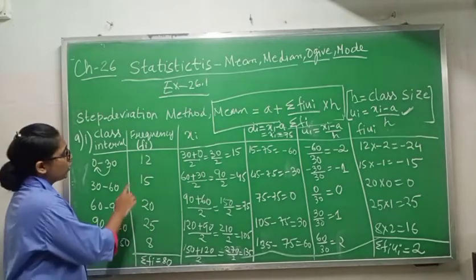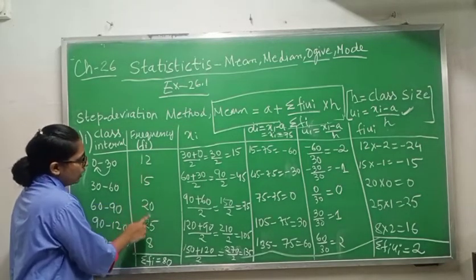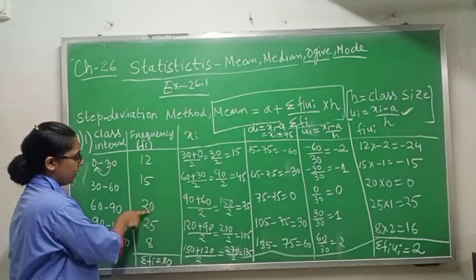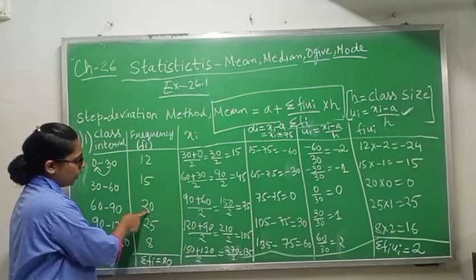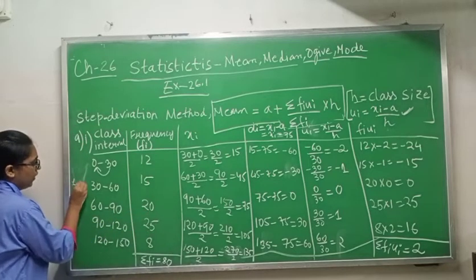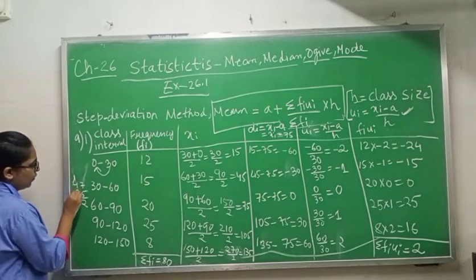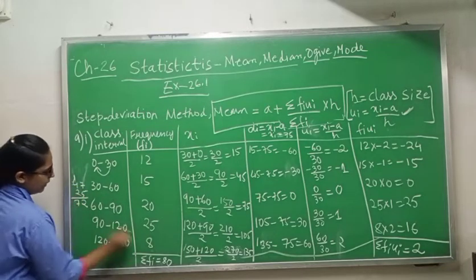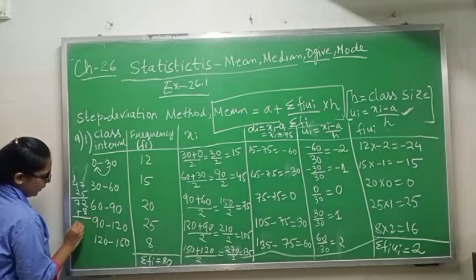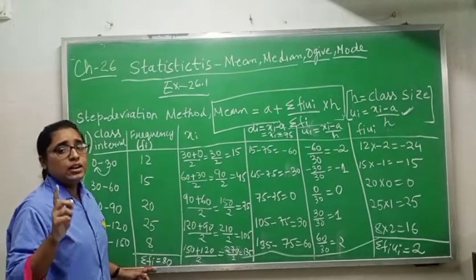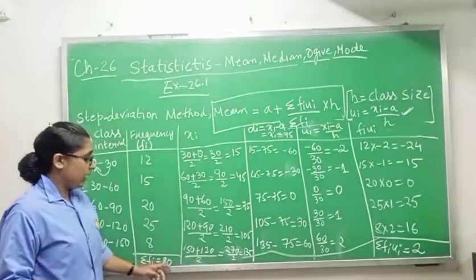Now you will add all of these: 12 plus 15 is 27, 27 plus 20 is 47, 47 plus 25 is 72, and 72 plus 8. You will get 80. So summation of fi, the total frequency, is 80.